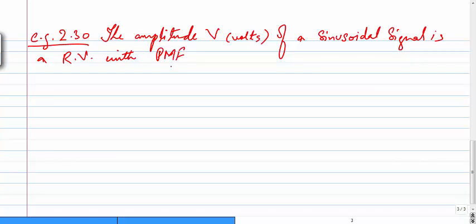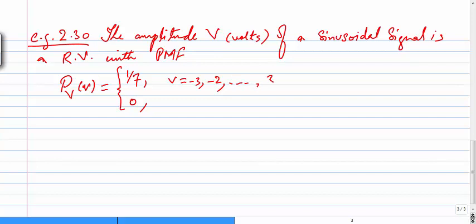So we have a random variable, actually a voltage, which has a sinusoidal signal, and the PMF is 1 by 7 for V equal to -3, -2, -1, 0, 1, 2, 3, and 0 otherwise.